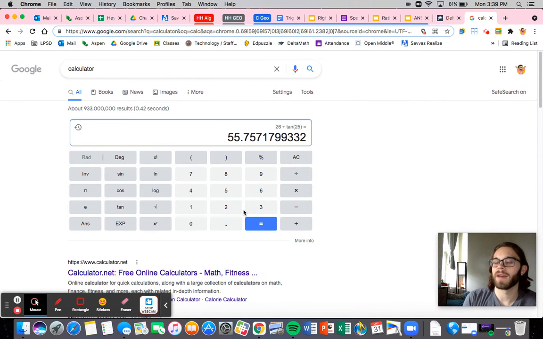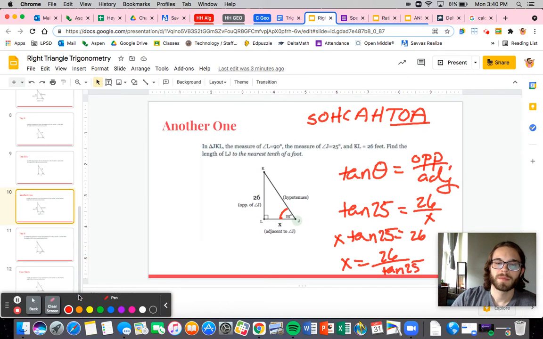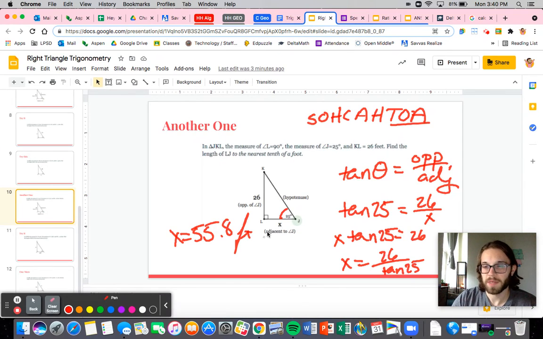My answer would be 55.8. So x would be equal to 55.8, and then it's in feet. Be careful. These drawings are not always to scale. Obviously, this one is not to scale. This is 26. This we just showed was basically 56.